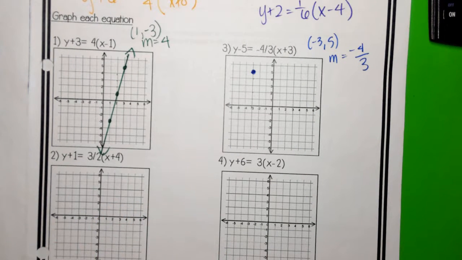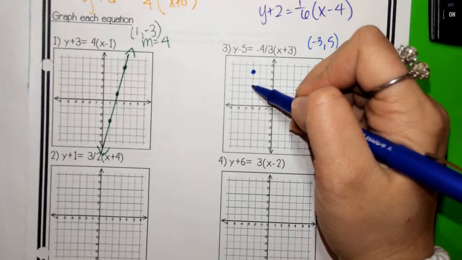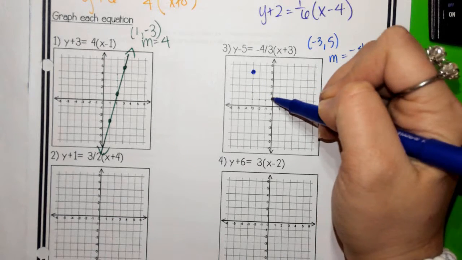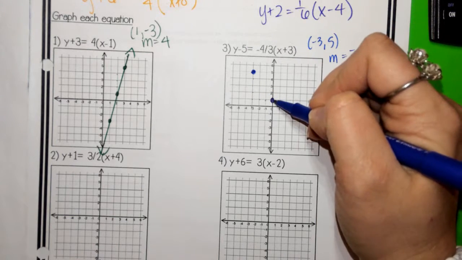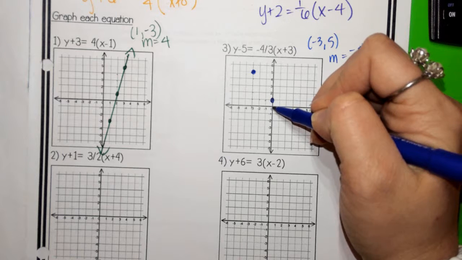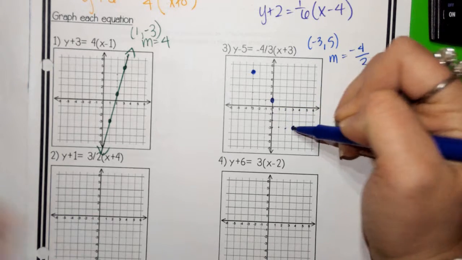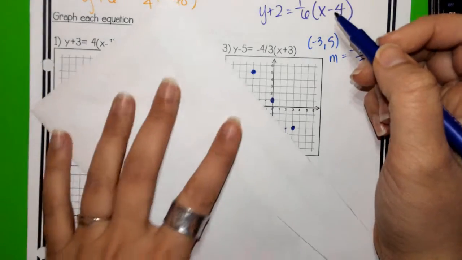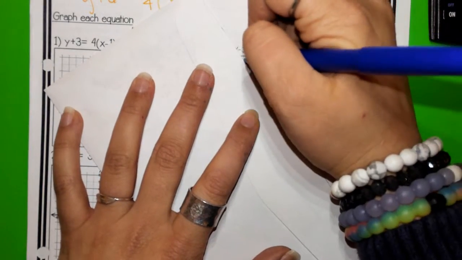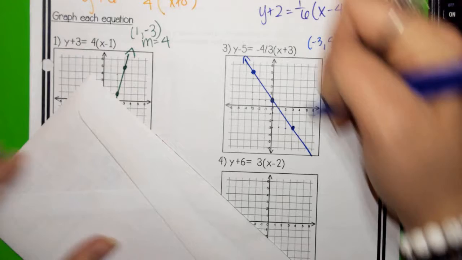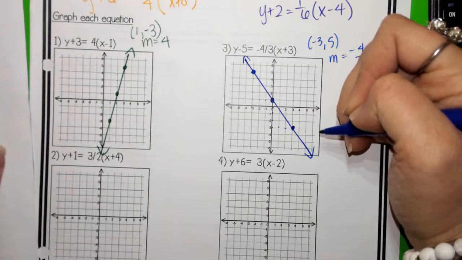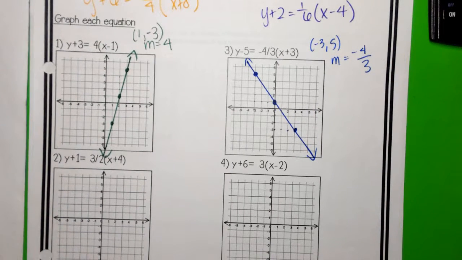You're gonna go down 4 and to the right 3, and then down 4 to the right 3. Fantastic. Give your team a point. Tariq, I didn't mean for you to repeat it.